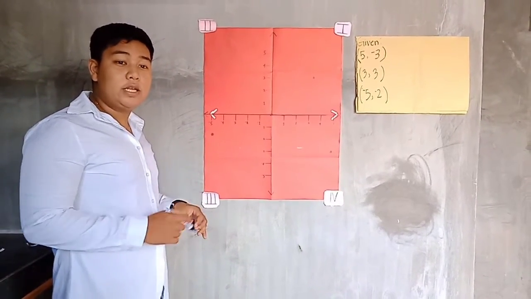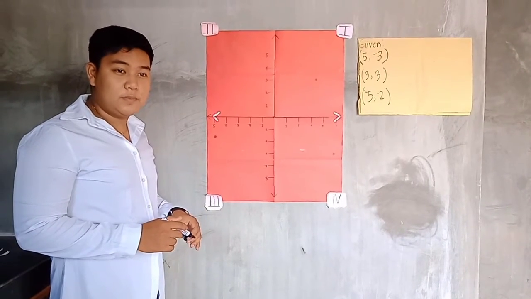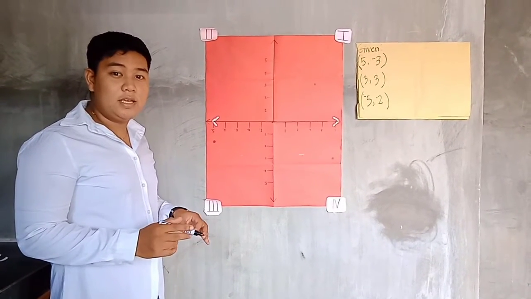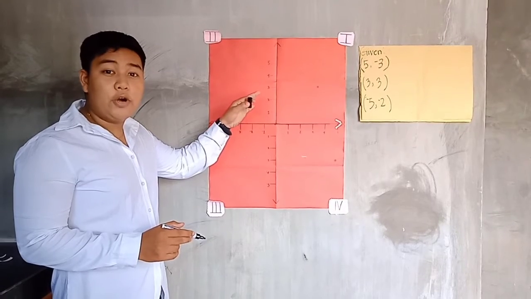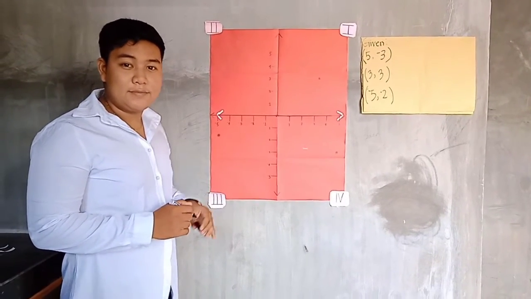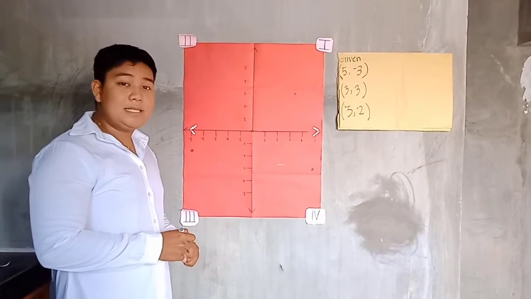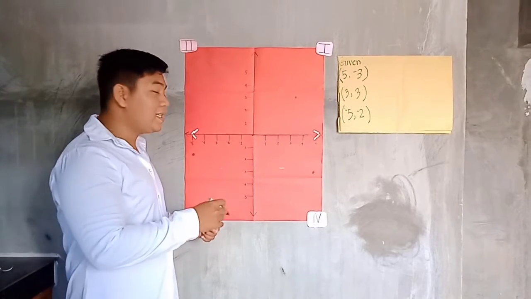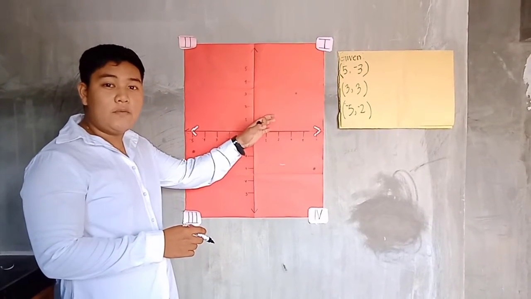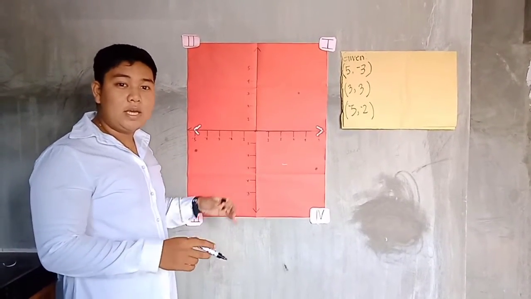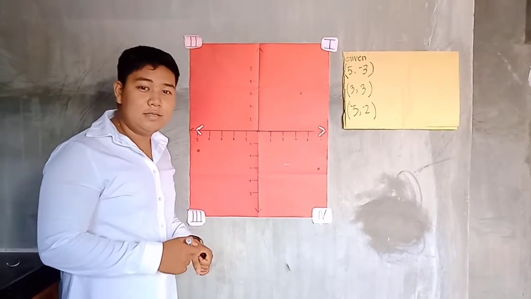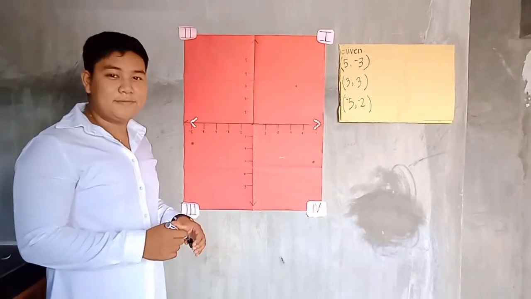Okay, Miss Bell, you're raising your hand. Okay, that's correct. These are called the four quadrants. Okay, last question is, give me the signs of the coordinates of every quadrant. Okay, Mr. Jigo, you're raising your hand. Okay.